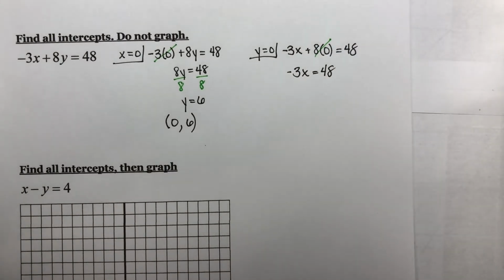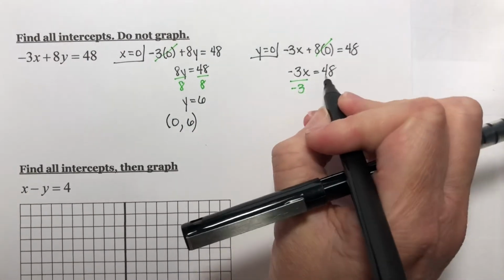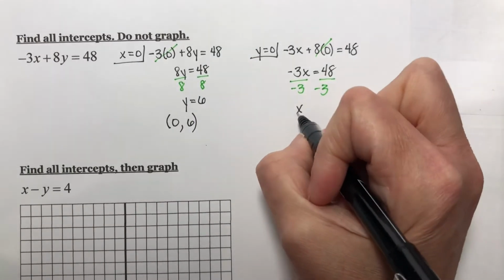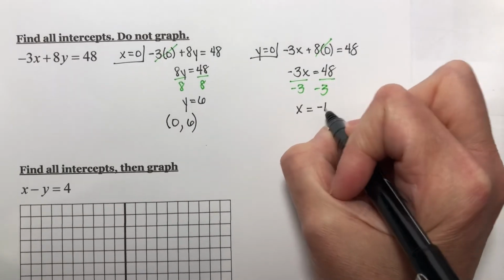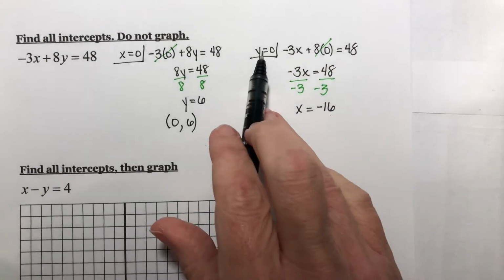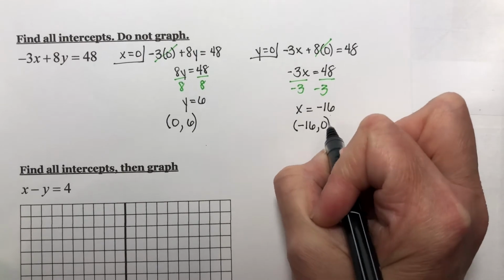Now I need to divide both sides by -3. And that gives me that x is equal to -16. So my other intercept, make sure you put x and then y, would be (-16, 0).